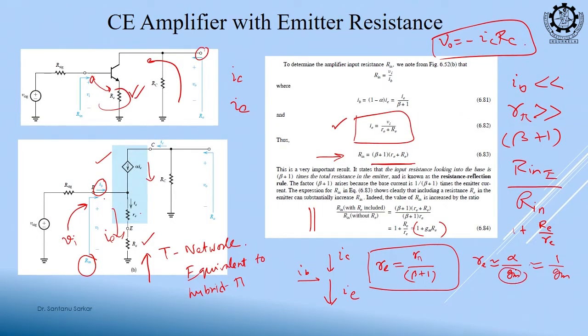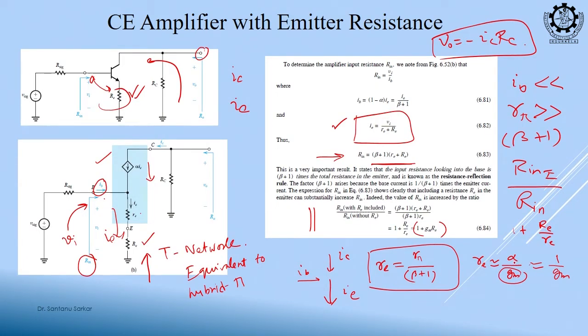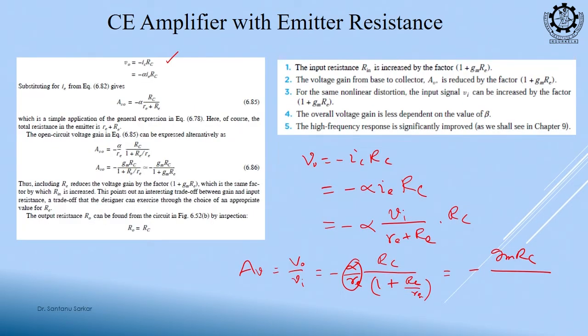GM, na? Small RE is equal to alpha by GM. So, this term is minus GM RC, and 1 by small RE is roughly GM if we neglect alpha, so it becomes 1 plus.